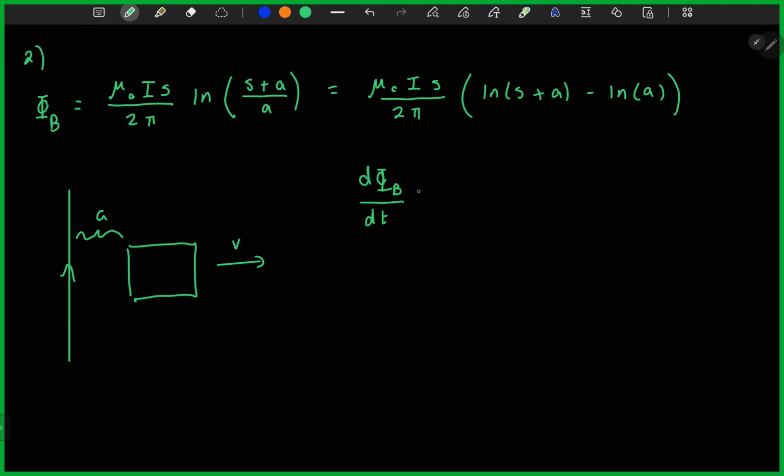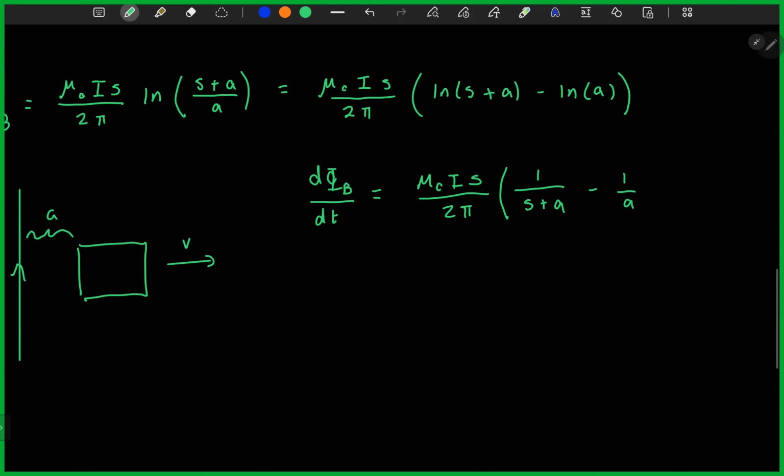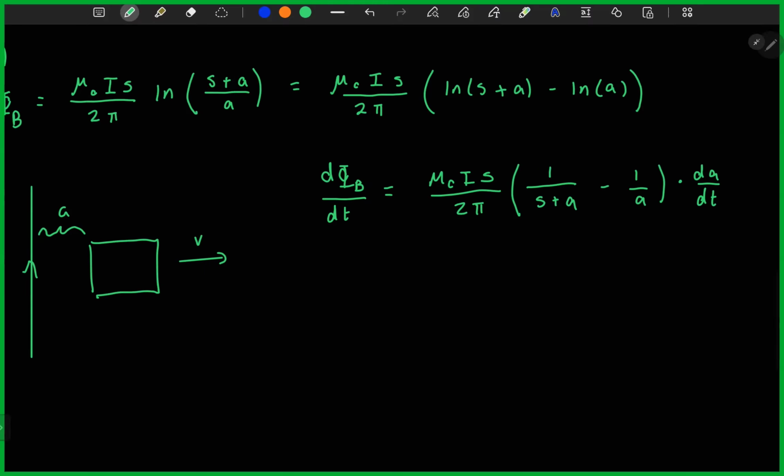Therefore, d phi B by dt: the mu naught I over 2 pi are just constants. Taking our derivatives, we get 1 over (s plus a) minus 1 over a, and don't forget your chain rule, times dA by dt. I've applied the chain rule term by term, but they both contribute a dA by dt.